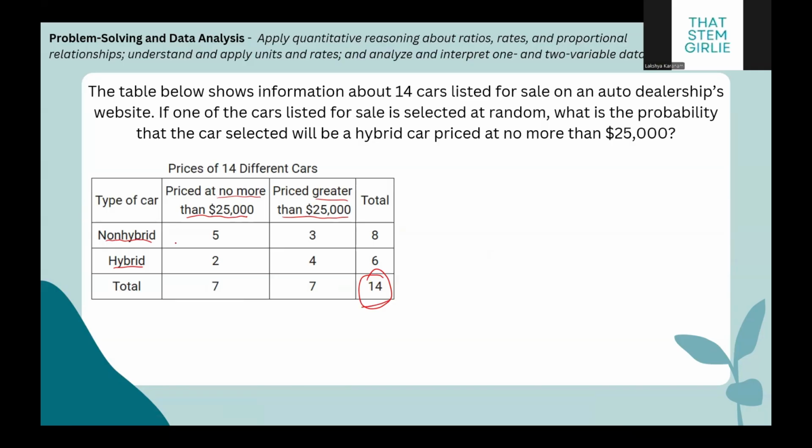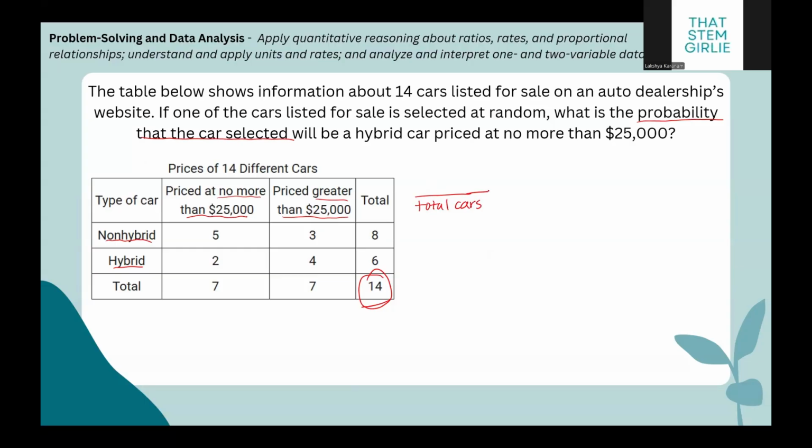So, we know this is a probability question. To get the probability of a car being selected, we want to know how many cars are in our total pool, because any probability is basically a fraction of the total number of cars in the selection pool. On the denominator, you're going to have the total number of cars.